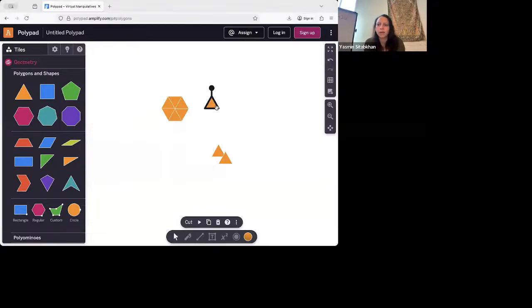Okay, I see you made a square. Can anyone make a star out of just triangles?